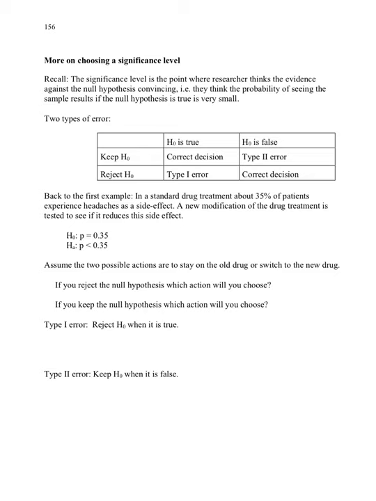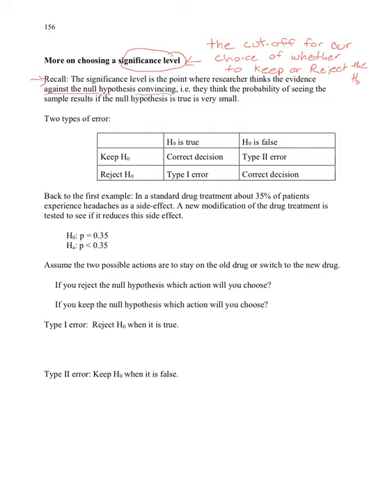So let's talk more about choosing a significance level. The significance level is the cutoff point for our choice of whether to keep or reject the null hypothesis. Recall our definition from earlier in the book: the significance level is the point where the researcher thinks the evidence against the null hypothesis is convincing.